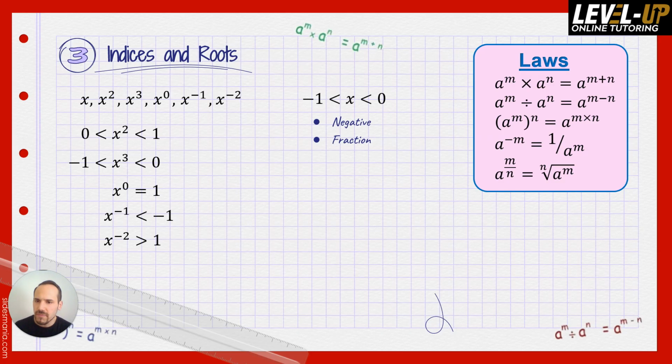And now we've kind of got all the information we need to start putting these in order. So you can see, first of all, that the smallest one is going to clearly be x to the -1 because it's less than -1. Then the next range to consider is ones between -1 and 0. And you can see there are two numbers, x cubed and x, both between -1 and 0.